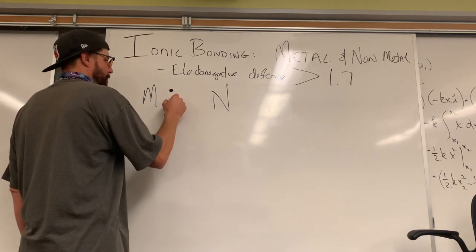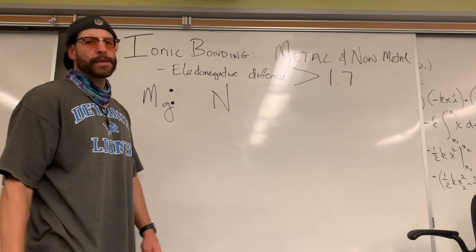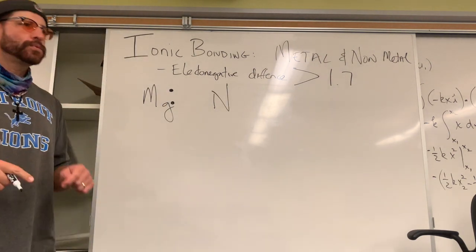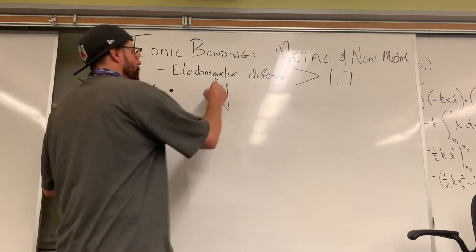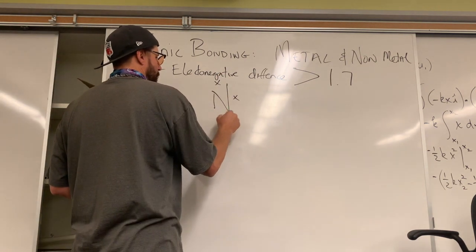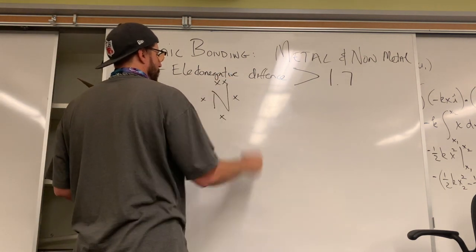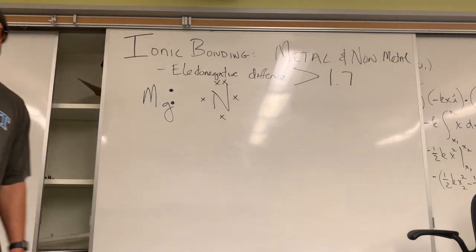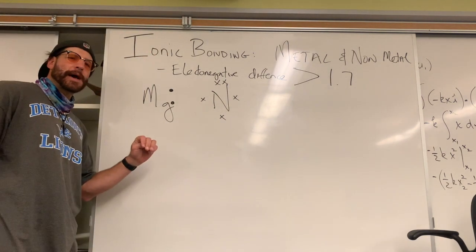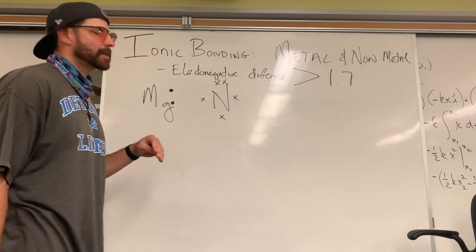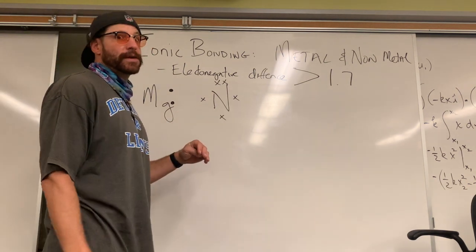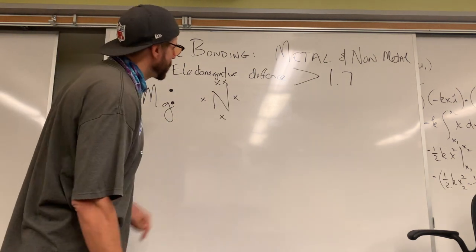We learned that in the last one. And if we look up nitrogen, how many does nitrogen have? 1, 2, 3, 4. It has 5. So again, magnesium is my metal. It has fewer valence electrons, in case you forget. The one with more valence electrons is going to be doing the taking, nitrogen.